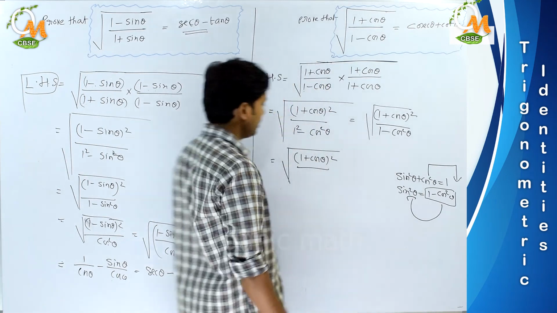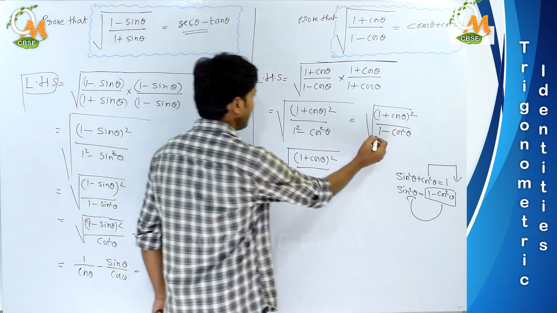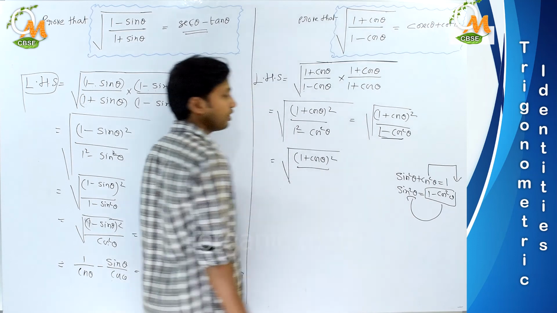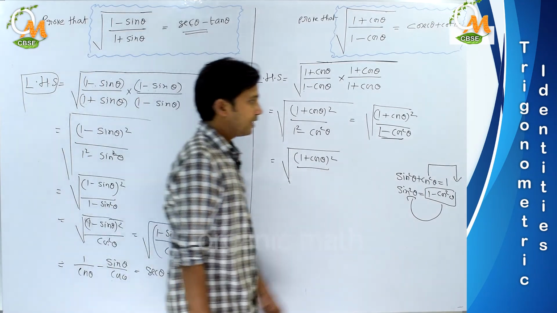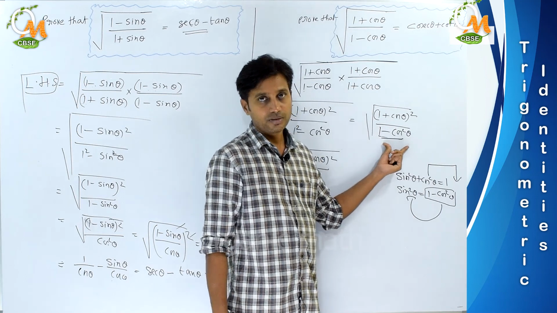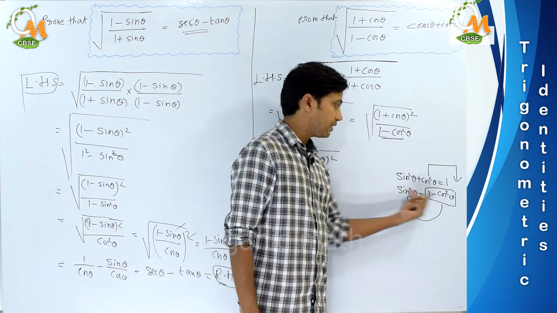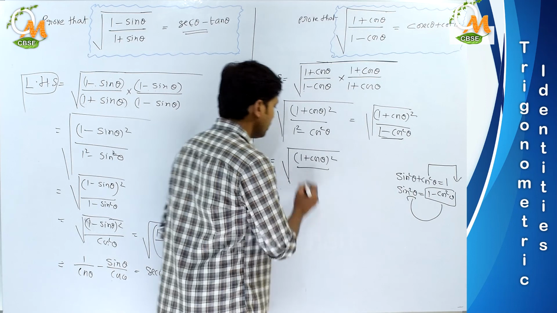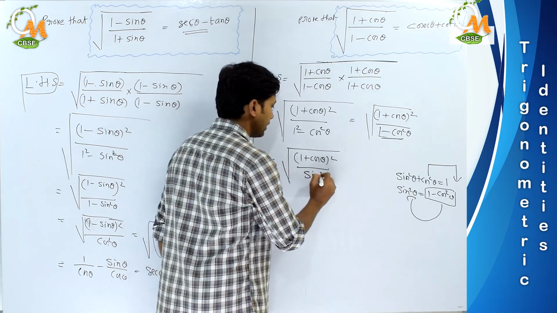Let us do it. Here also we have 1 minus cos square theta in the denominator part. So we can replace this 1 minus cos square theta with sin square theta. Understood? So here also we can write sin square theta.